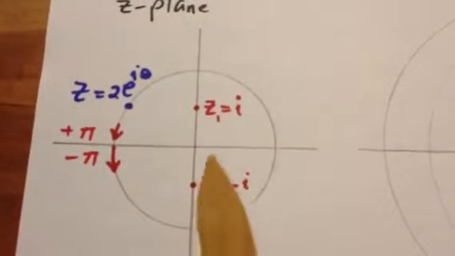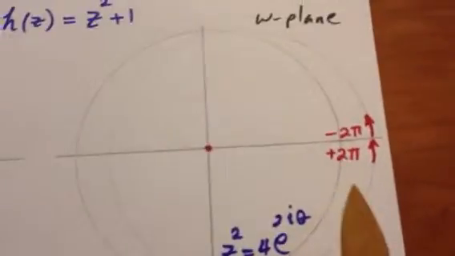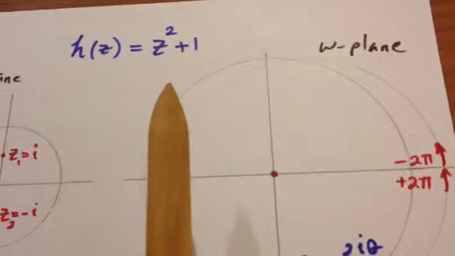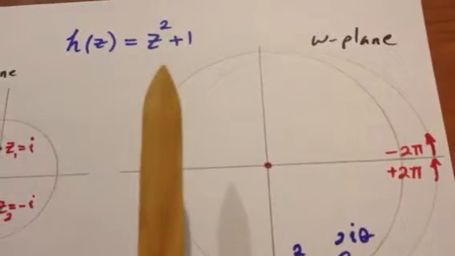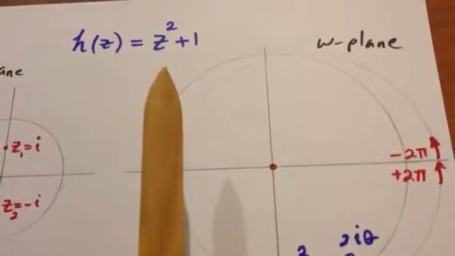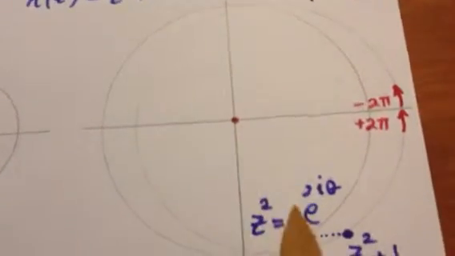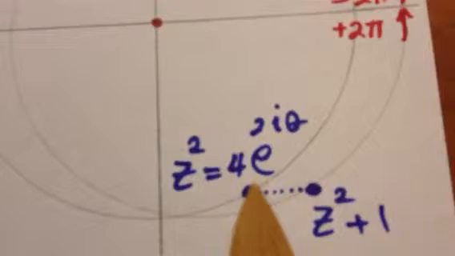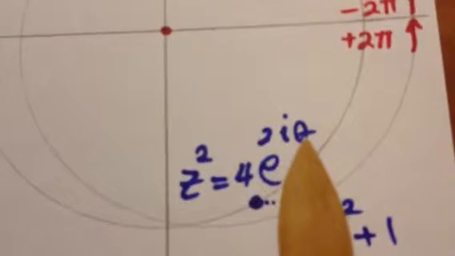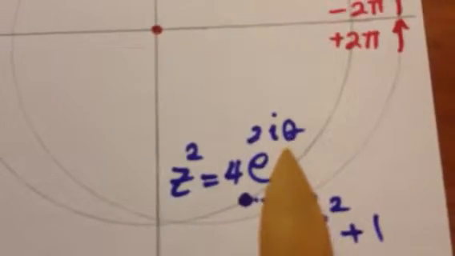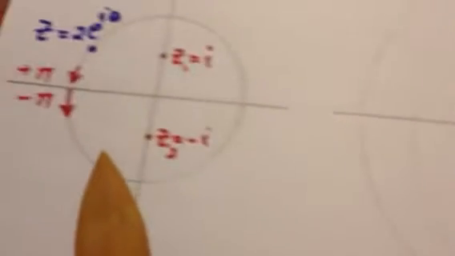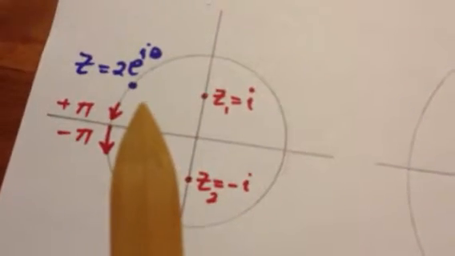For every one of the zeros on the image side, first of all, let's split this apart: z squared and then plus 1. The z squared would be 4 e to the 2i theta, because z is 2 e to the i theta.